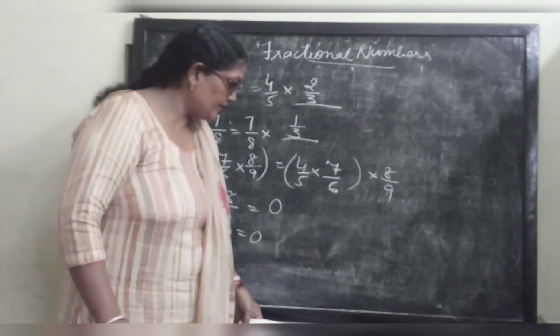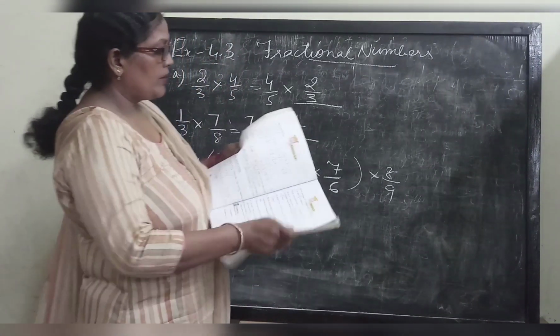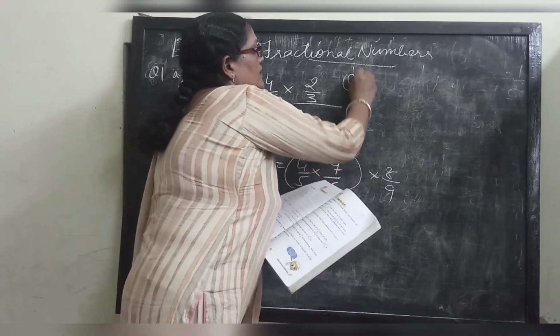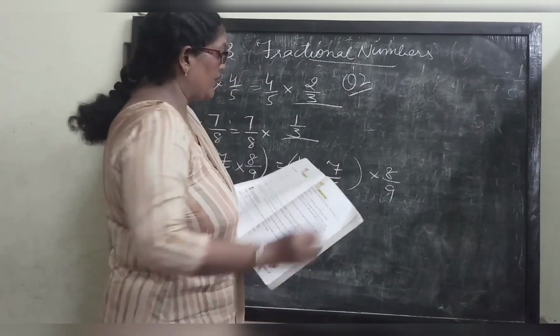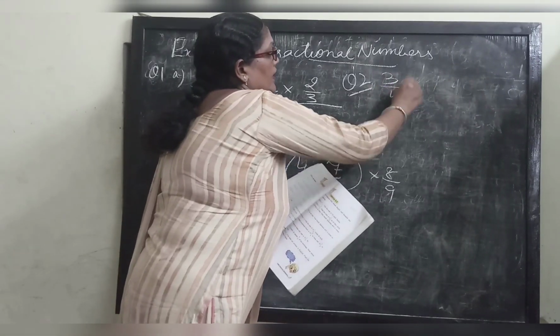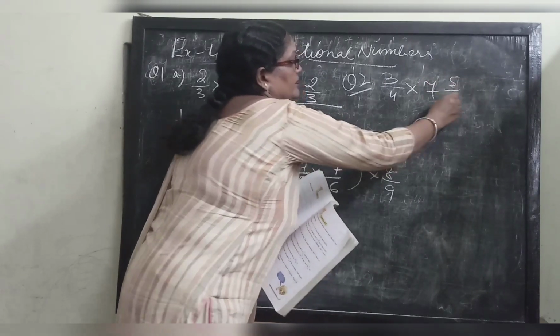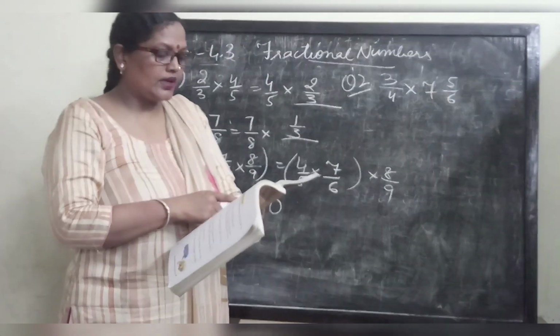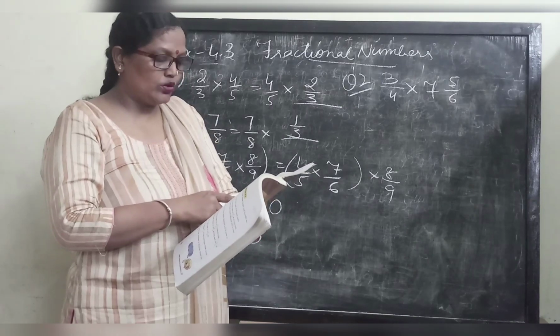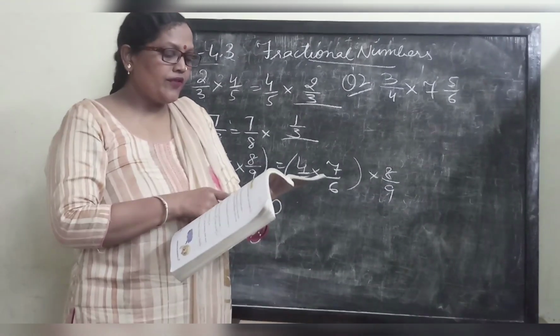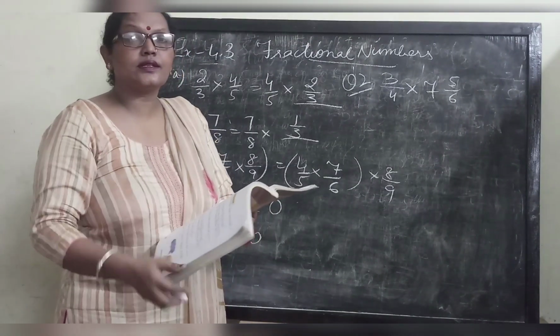Now see the second question. Multiply 3 over 4 into 7 5 over 6, and second part 7 5 over 6 into 3 over 4. Verify that the answer in both the cases is same.